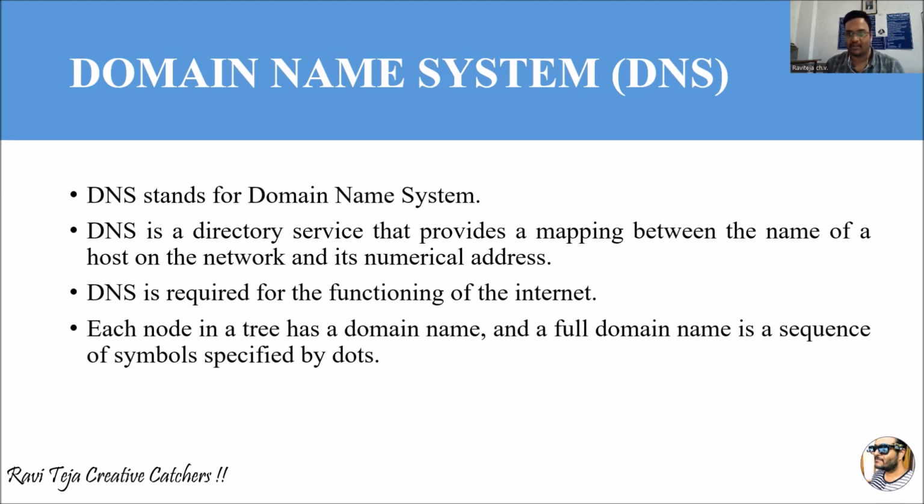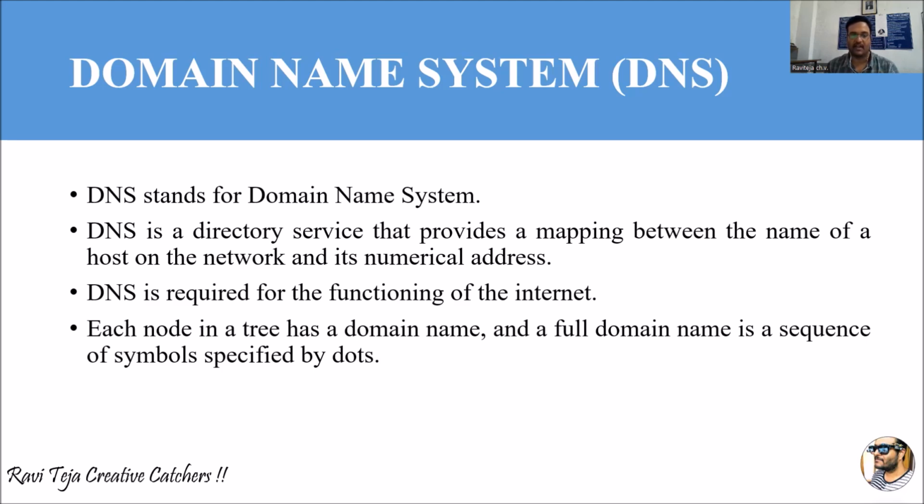We know about the telephone directory, right? It has the phone numbers of all the subscribers and everything. This domain name system is also a directory service which provides all these web page links based on the domain name. So what are these domain names? We are going to see now.